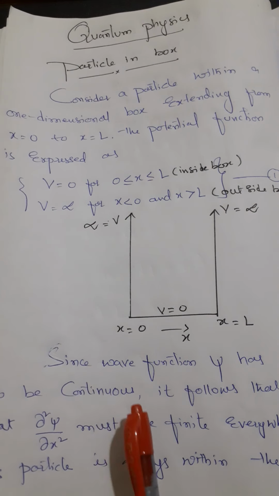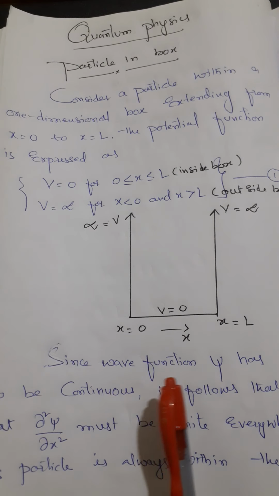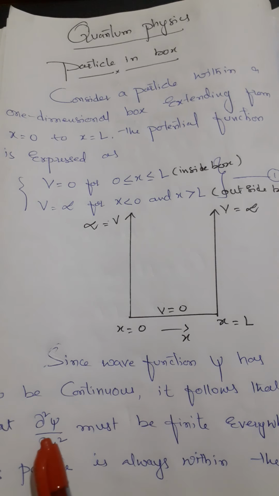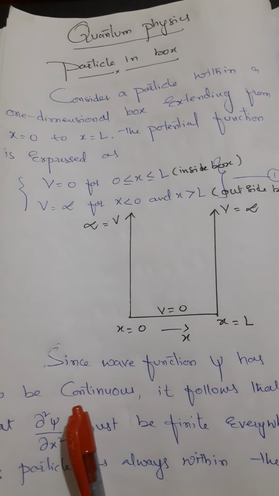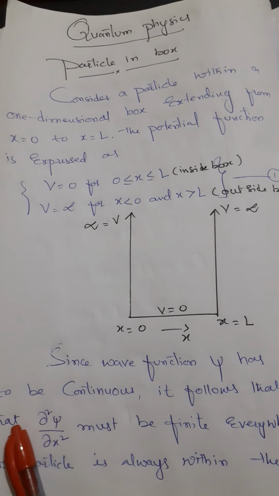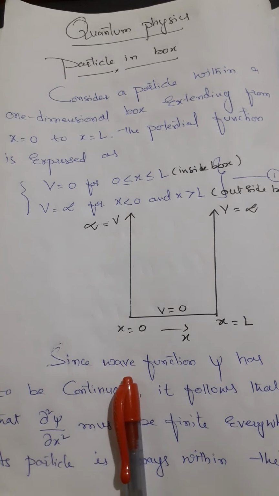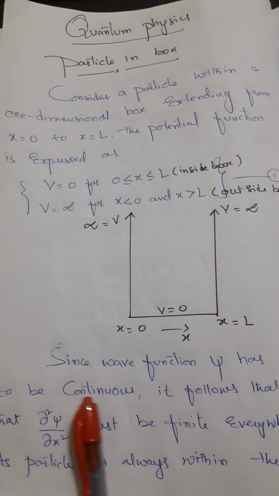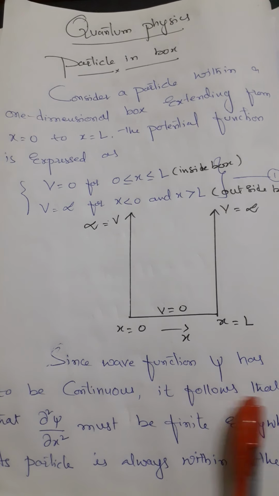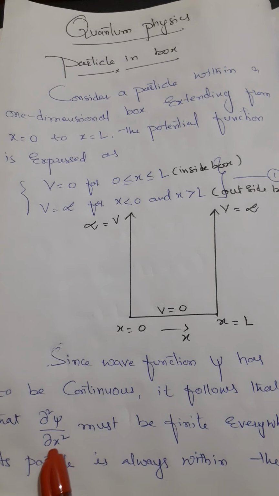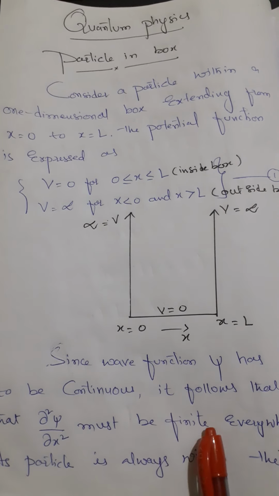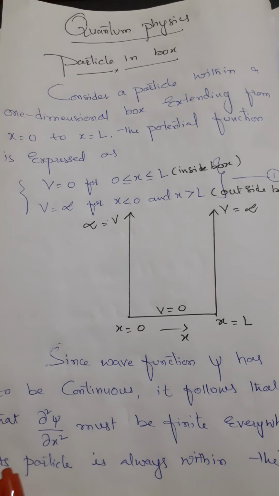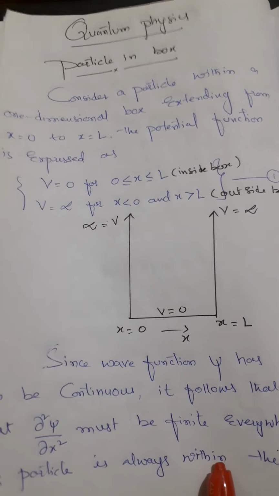According to quantum mechanics, the wave function has some properties: psi should be continuous and psi should be finite. Since the wave function psi has to be continuous, it follows that the second derivative of psi with respect to x must be finite everywhere.